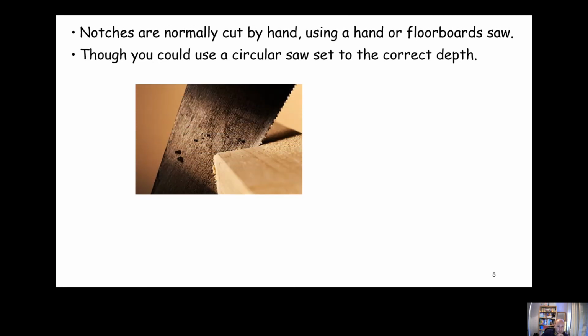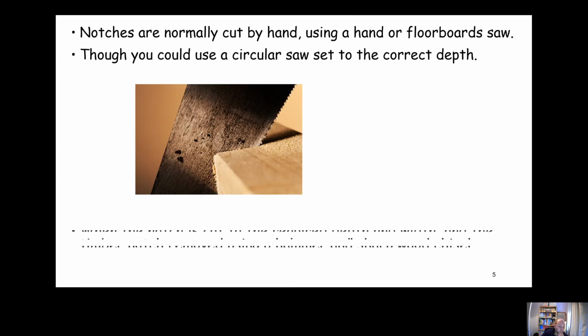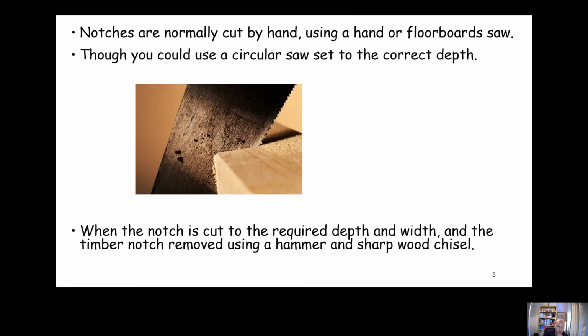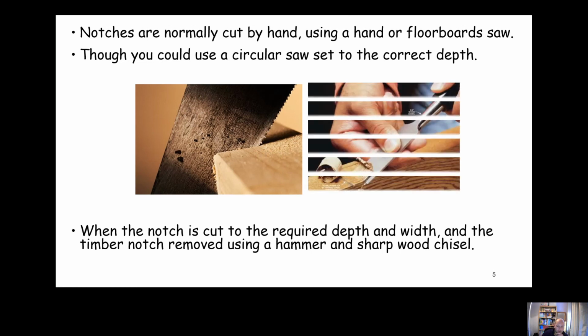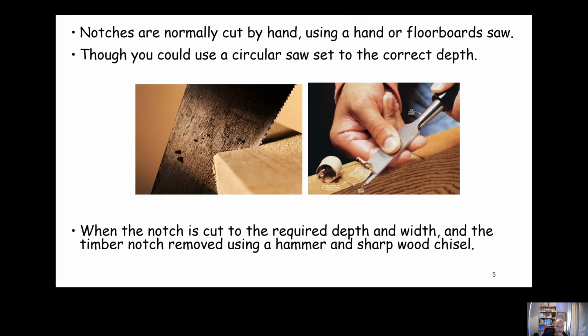We'd cut the wooden notches by hand. You could use a circular saw, you could use a hand saw, depending on what tools you've got. Once you've cut it to the correct depth, you could then knock it out using a sharp chisel.